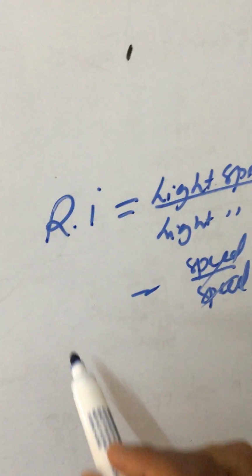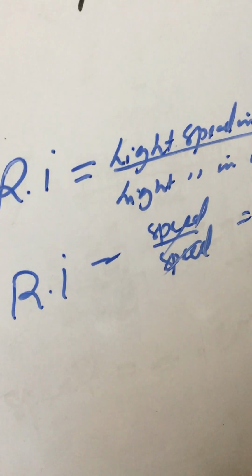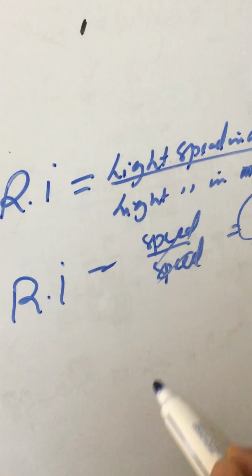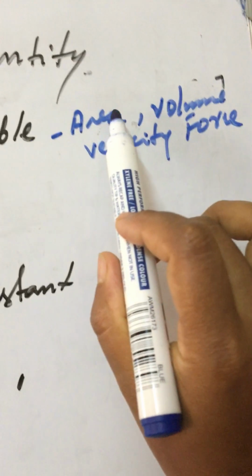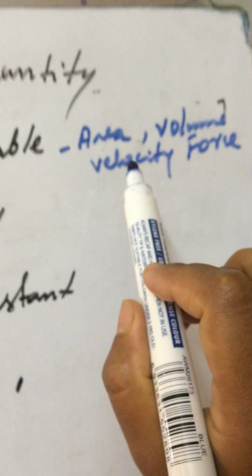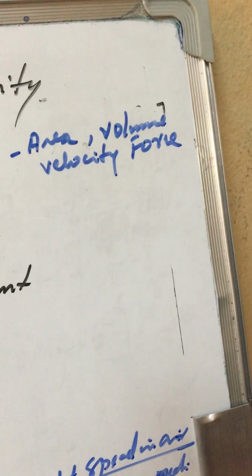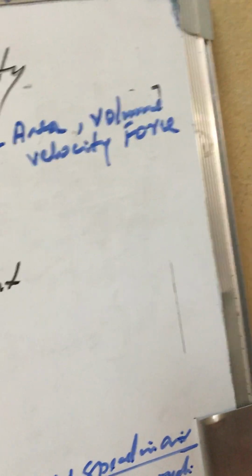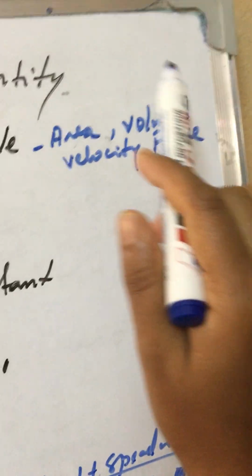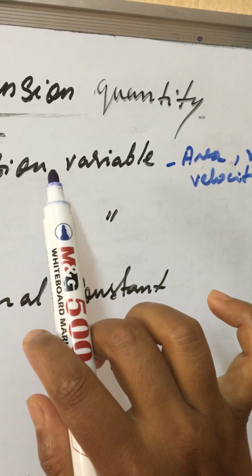Does the refractive index have a unit? No. Those which do not have a unit do not have dimension. Area has the unit meter square, centimeter square. Volume has meter cube, centimeter cube. Velocity, meter per second. Force, Newton. So they have units, and those which have units are dimensional variables.